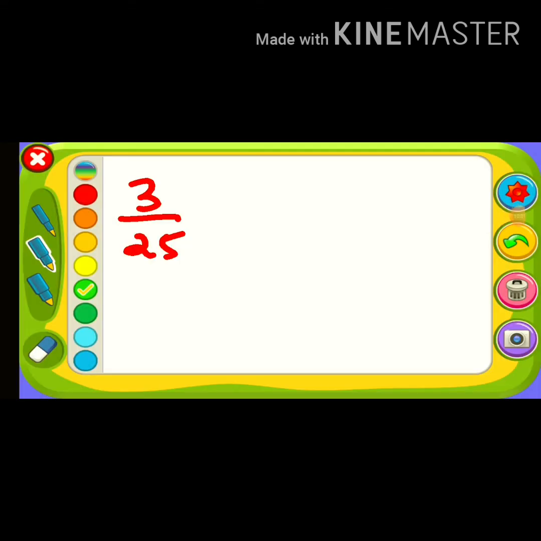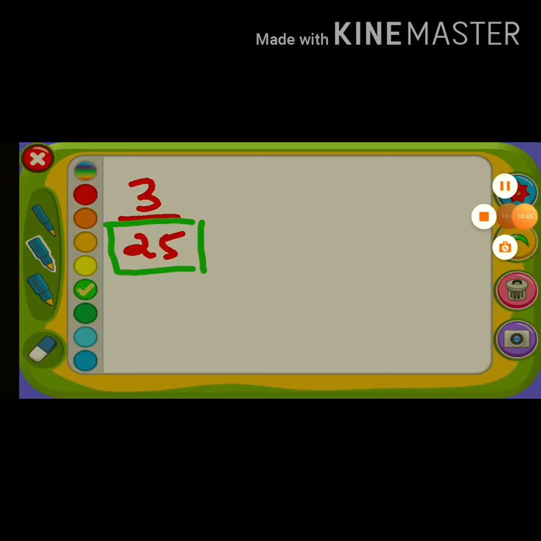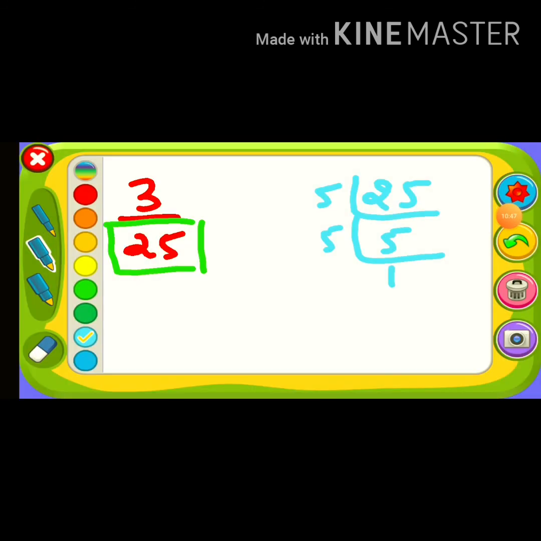See, we have to consider the denominator, which is 25 here, and look at its prime factorization. So 25 is equal to 5 into 5.